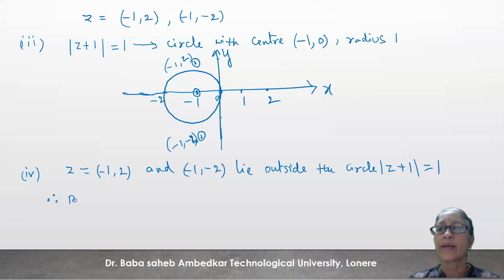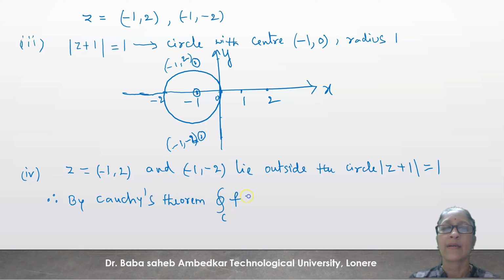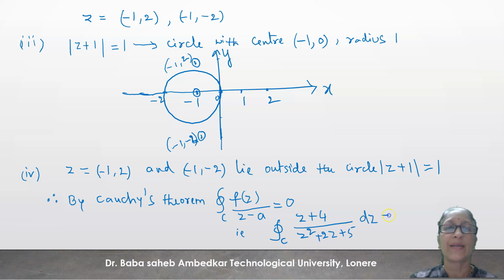Therefore, by Cauchy's theorem, integral f of z upon z minus a equal to 0, that is here contour integral of z plus 4 upon z square plus 2z plus 5 dz equal to 0.